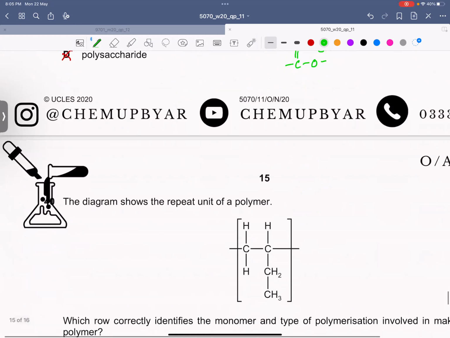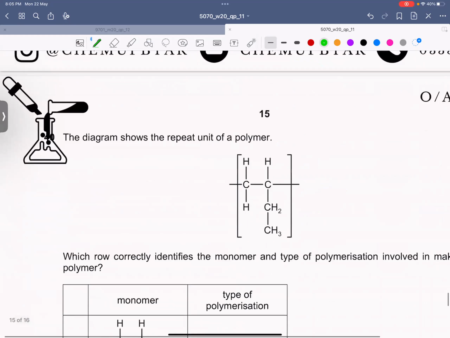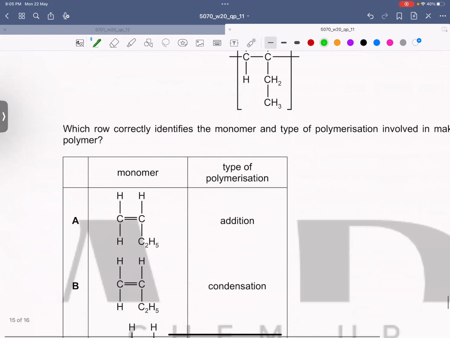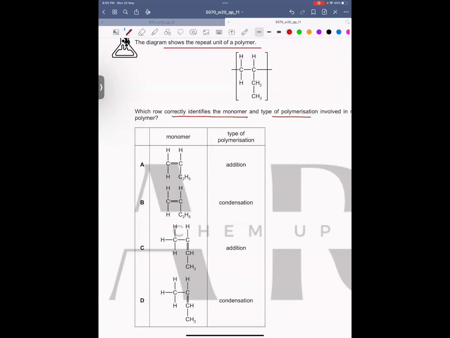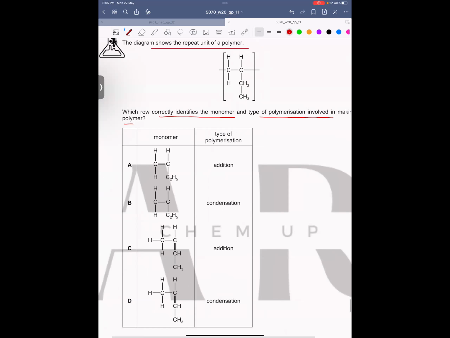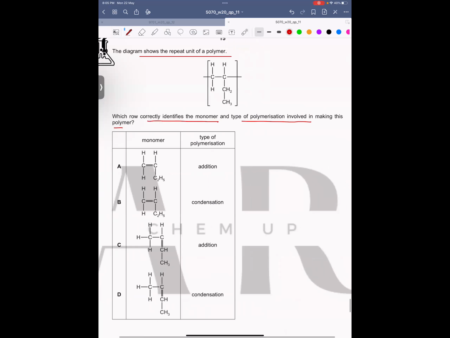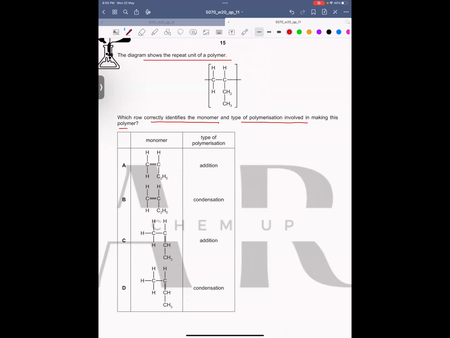Now, question number 40. The diagram shows the repeat unit of a polymer. Which row correctly identifies the monomer and type of polymerization involved in making the polymer? So, if you see in the polymer, there is no ester or amide link.